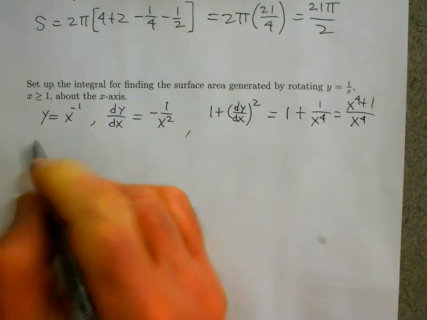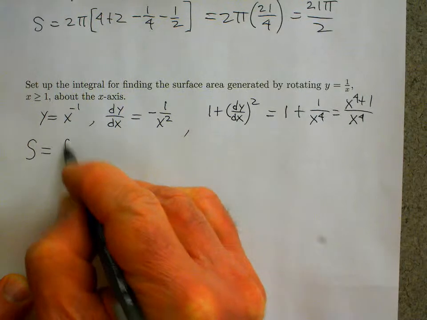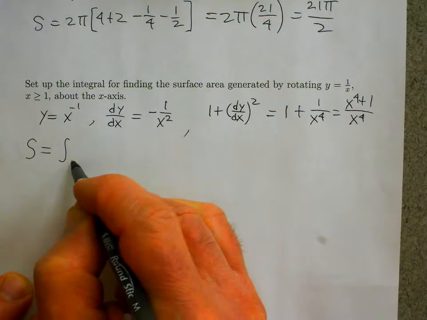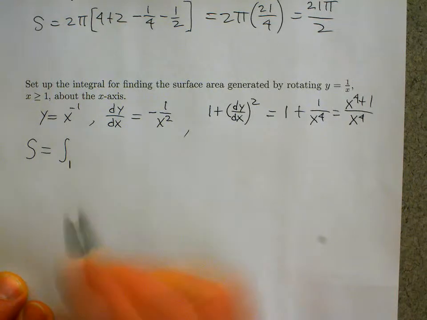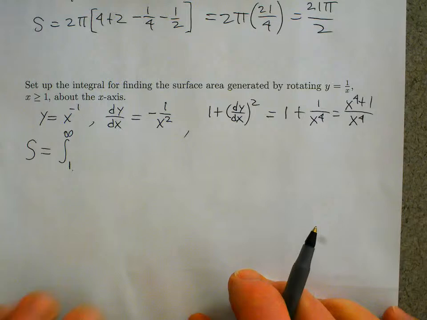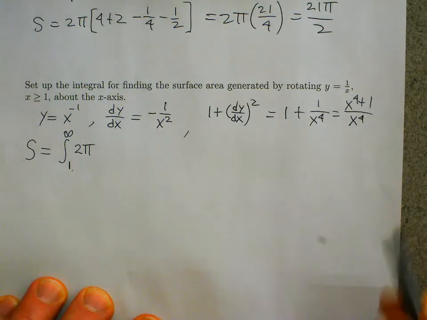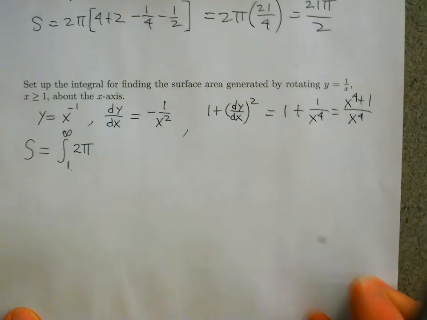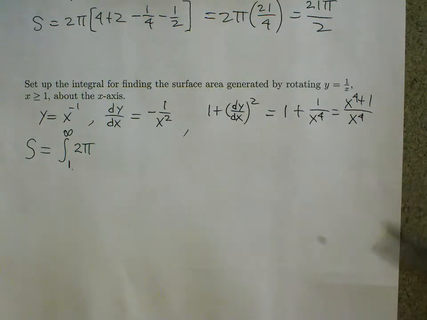So we can write the surface area. This is going to be an improper integral. The lower limit of integration is 1, and the upper one is positive infinity. And then 2 pi. So what comes next? We're rotating a function of x about the x-axis. f of x, so 1 over x, right?